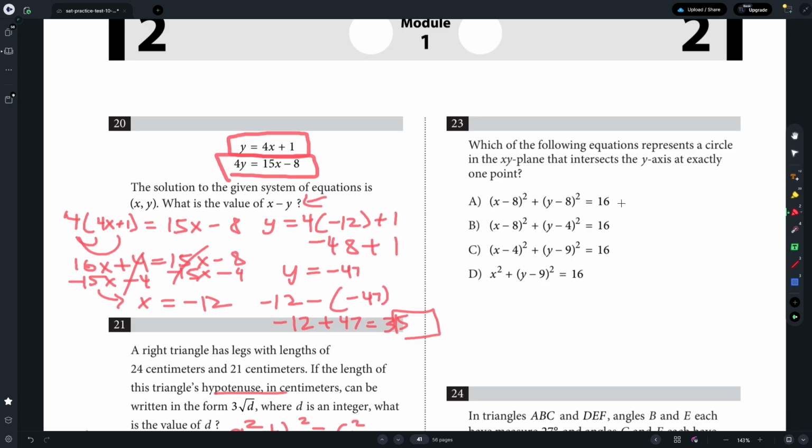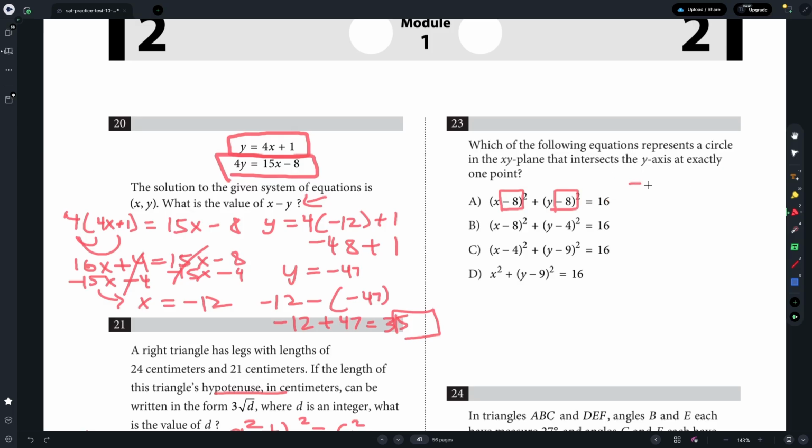In order to know what the equation of a circle is, these points right here give us the center. And it's not just negative 8 comma negative 8, it's actually positive 8 comma positive 8.